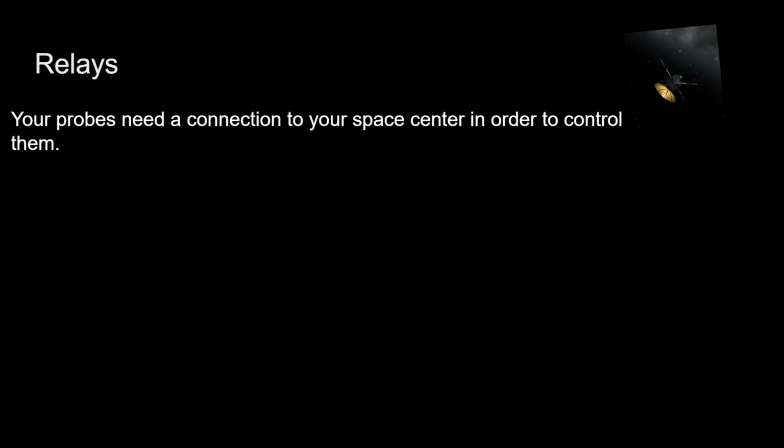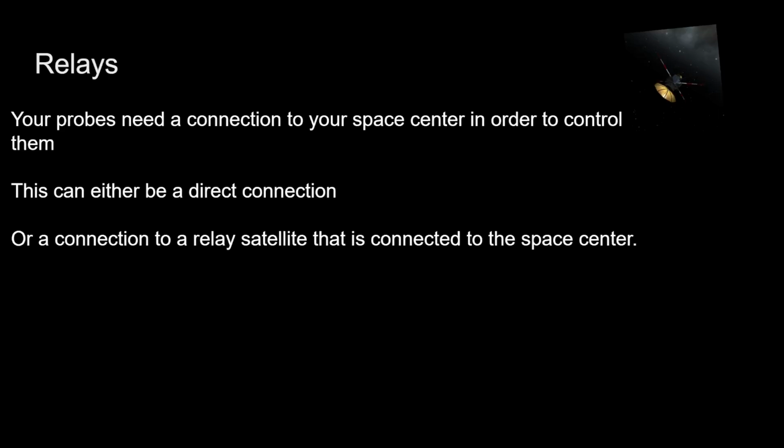So for relays, your probes will need a connection to your space center in order to control them. There is one exception where there's a core that can control other nearby remote devices, but I'll ignore that for now. For the most part, you'll need a connection to your space center. Now, this could either be a direct connection, or a connection to a relay satellite that's connected to the space center.